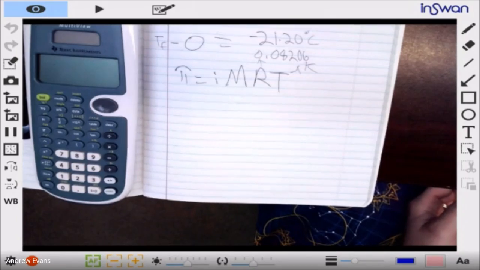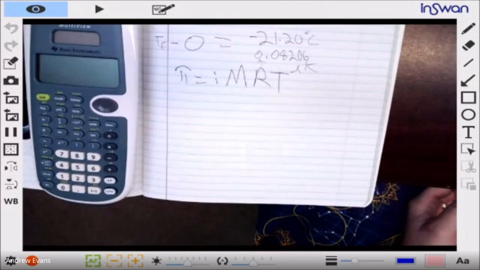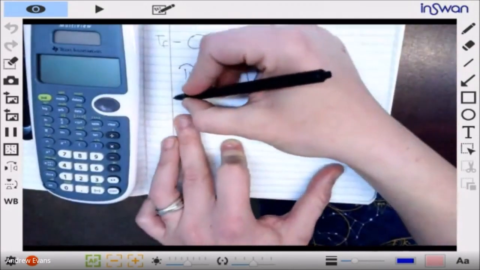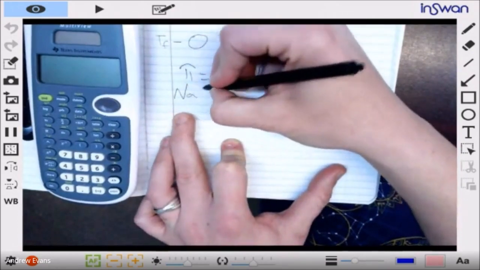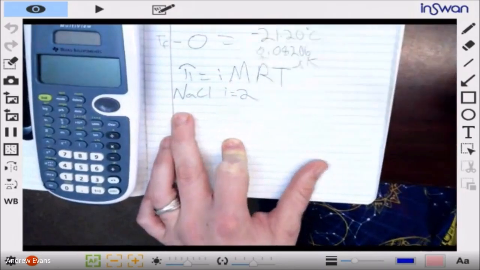We said 35 grams in 1 liter. So we have sodium chloride, NaCl, so i is going to be 2.